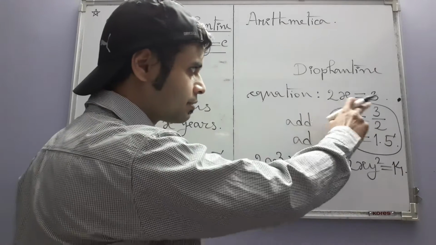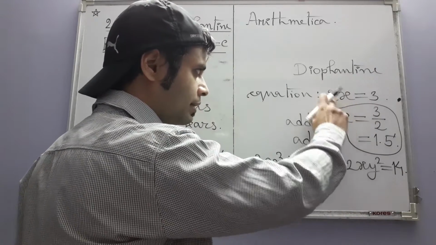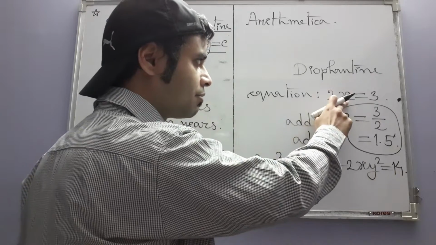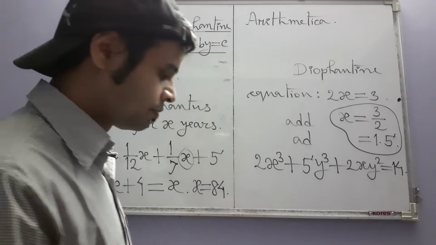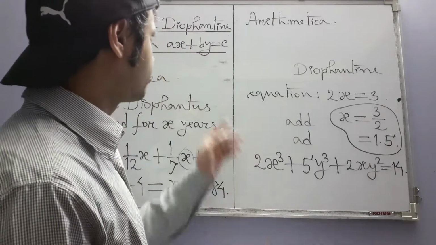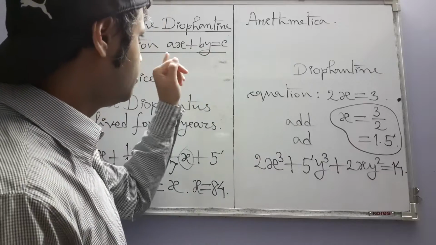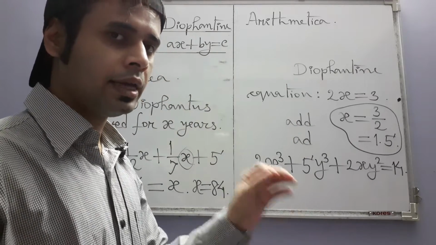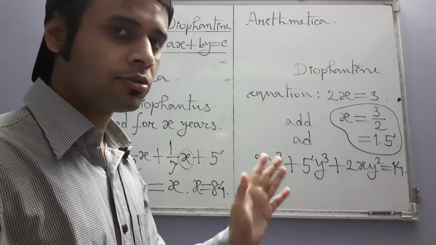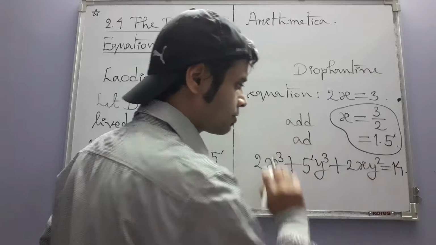Here of course it is trivial because we have only one variable, and that too only the first power of the variable is appearing, but in general anything can happen. Here however we are going to consider only linear Diophantine equations, that is, in which the unknowns are occurring only in their first power. No x square or cube or something like that, or cross terms like xy square.